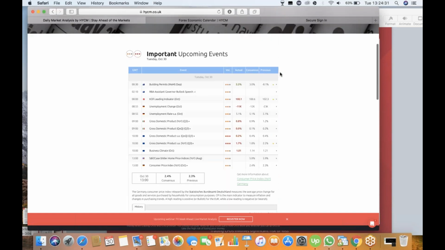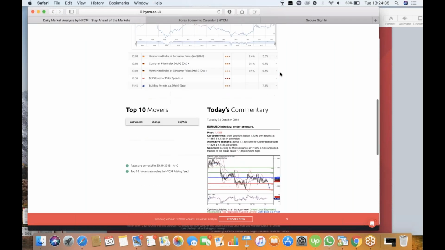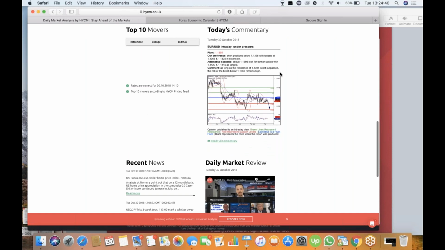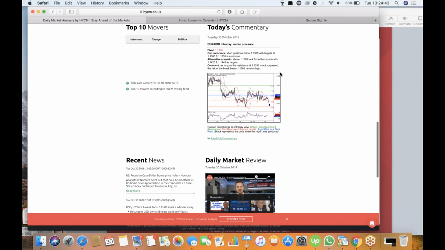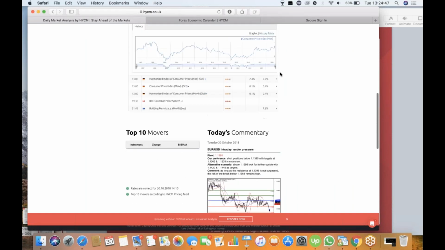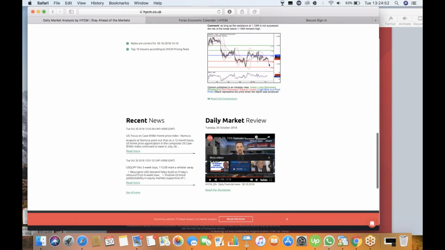There are many different resources where you can get good sentiment analysis, and that's a key part of your trading routine: to find sentiment analysis that you can access on a session by session basis. This is something I wanted to key up for you here, the daily market review, and we've got some recent news there.